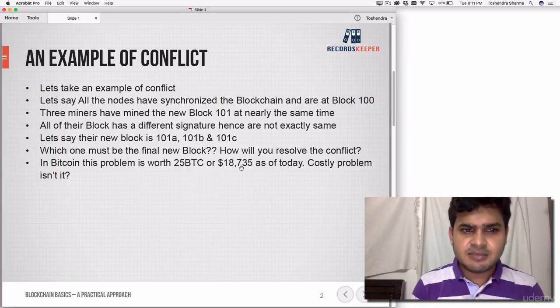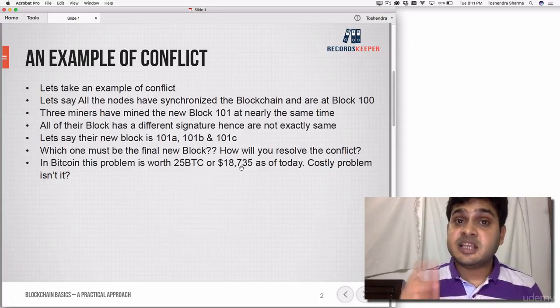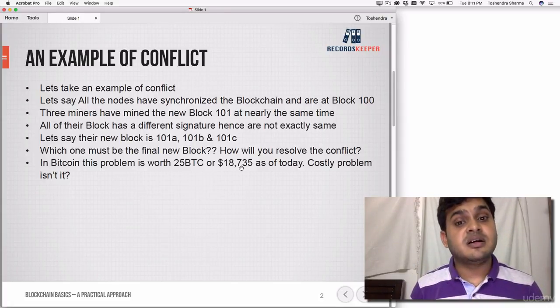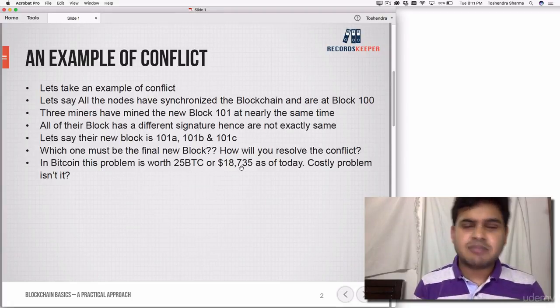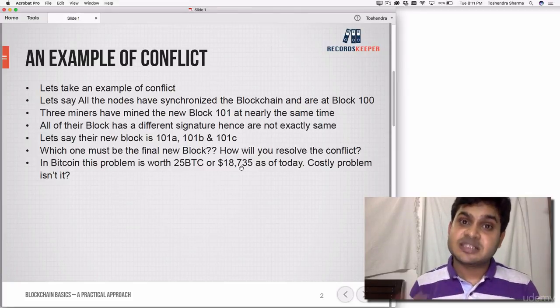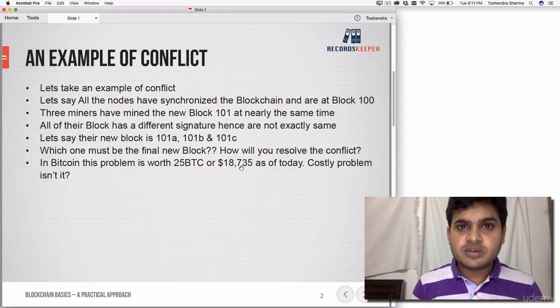Let's consider that the three miners have mined the new block, block number 101, at nearly the same time, plus or minus 500 or 100 milliseconds. So now who will be the boss and say, my block should be accepted, not yours? How will this conflict get resolved?